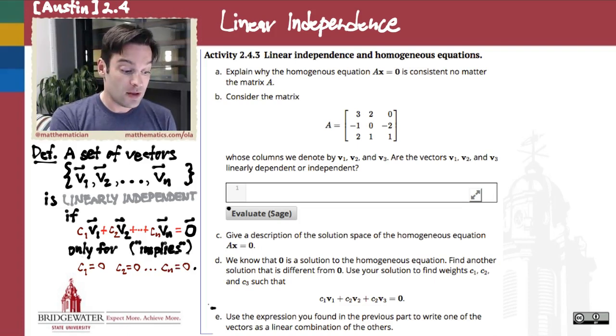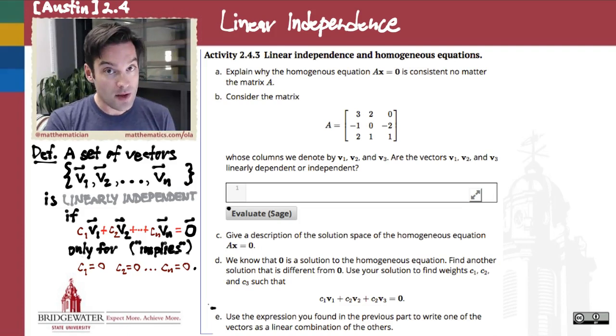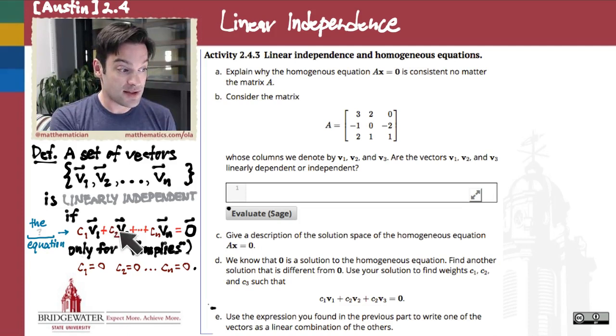In other words, linear independence of a set of vectors means that the only way that a linear combination of those vectors will come out to 0 is if that linear combination has all of its weights equal to 0 in the first place. Another way this is commonly phrased is to take the equation that this sets up for this set of vectors, which is called what kind of equation?